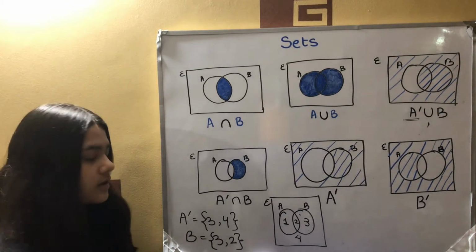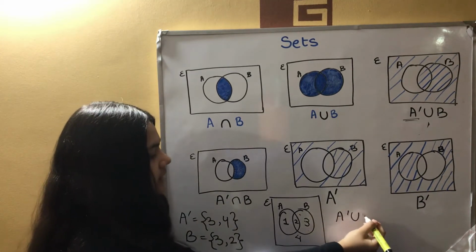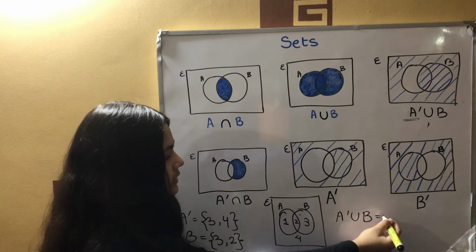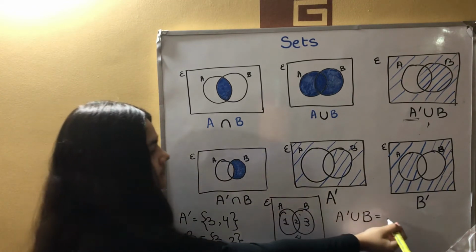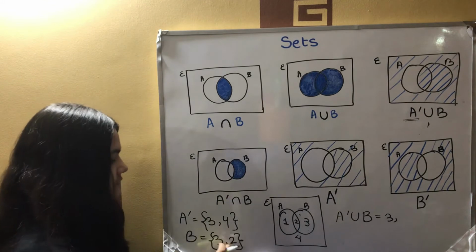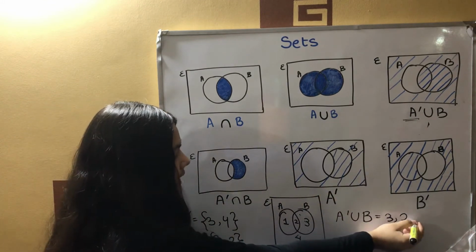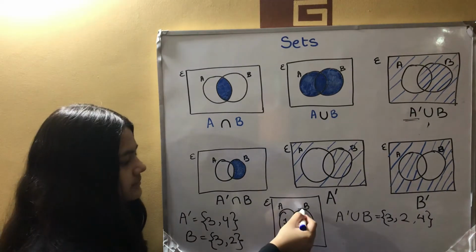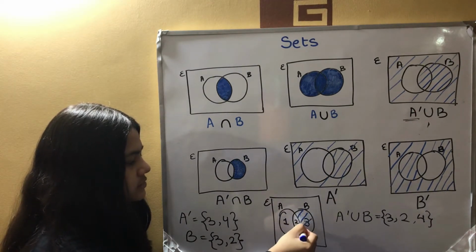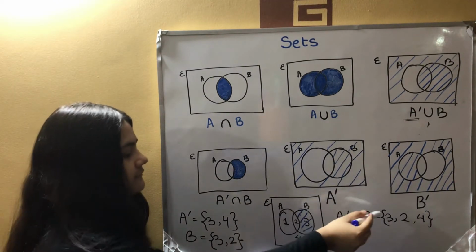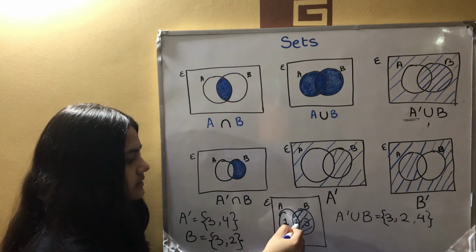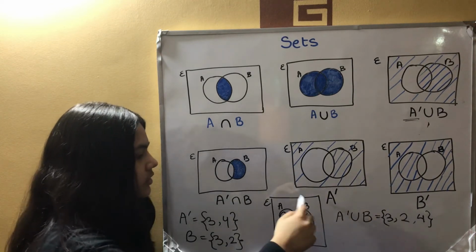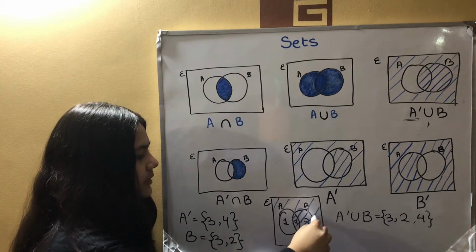So the union, complement of A union B, will be 3, 2 and region number 4. So if we shade region number 3, and then we have 2 which is this part and 4 which is this part.